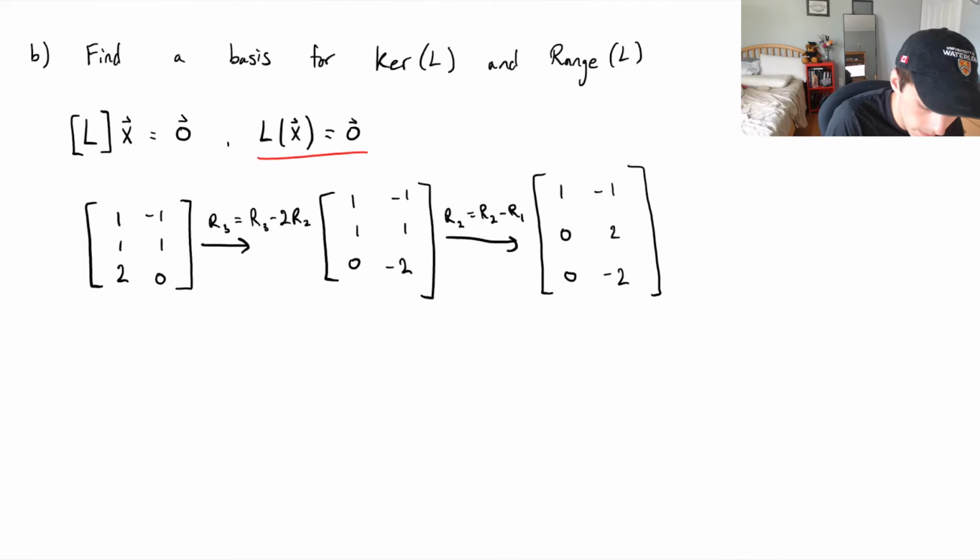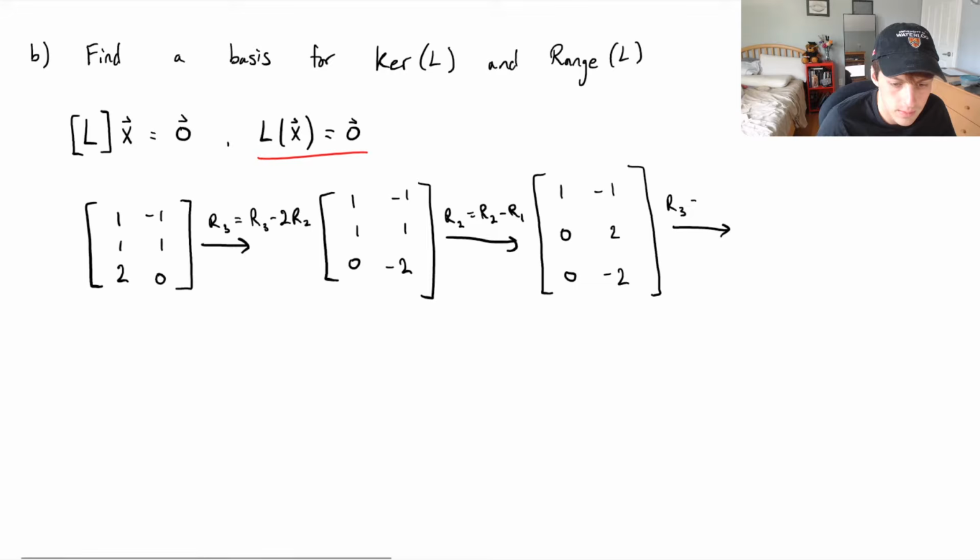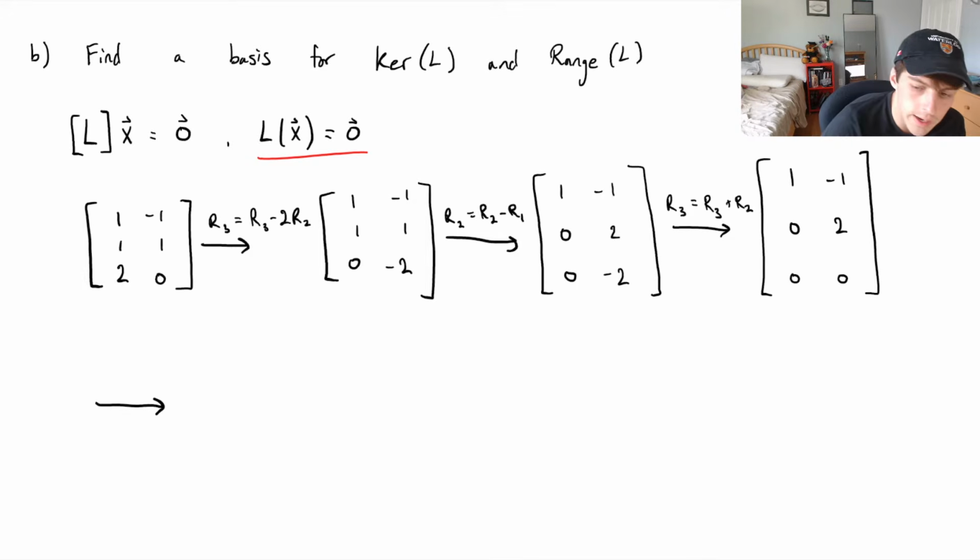All right. Next, we're going to try to get rid of that bottom right entry. So row 3 equals row 3 plus row 2.